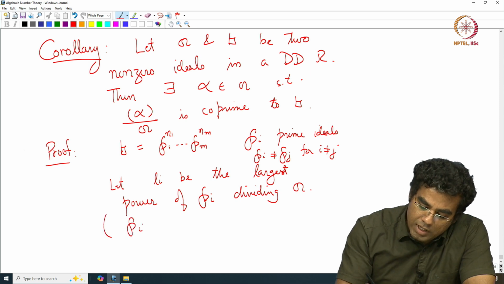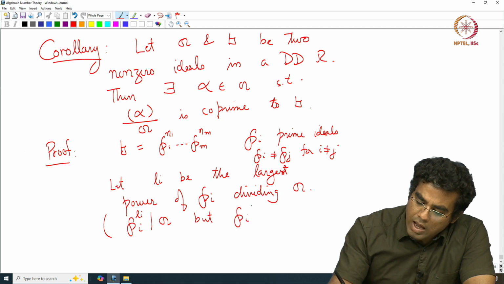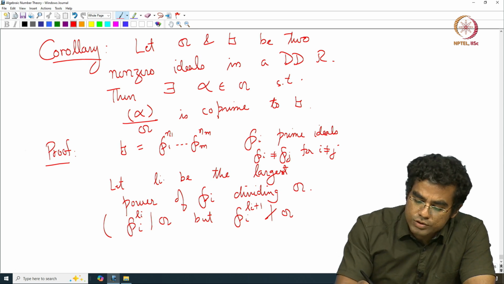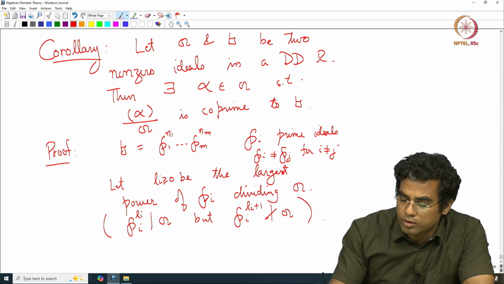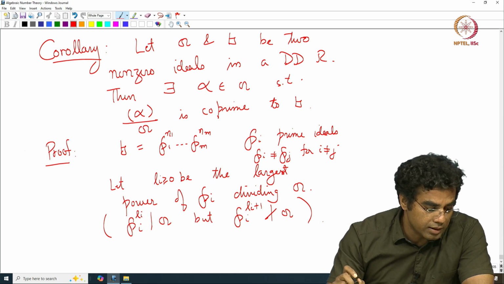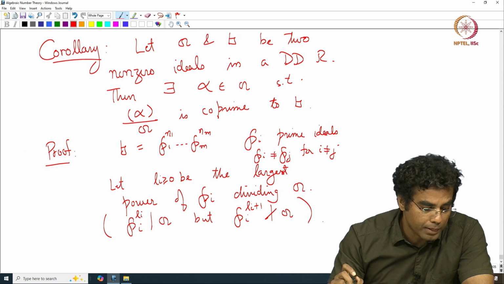This means that pi to the li divides A, but pi to the li plus 1 does not divide A. Okay. So, li could be greater than or equal to 0, li could be 0. I am not saying that pi has to divide A necessarily. Okay. All right.